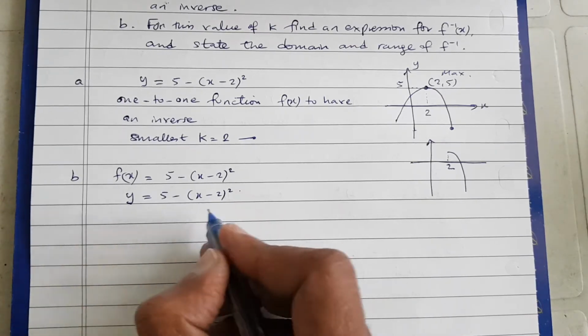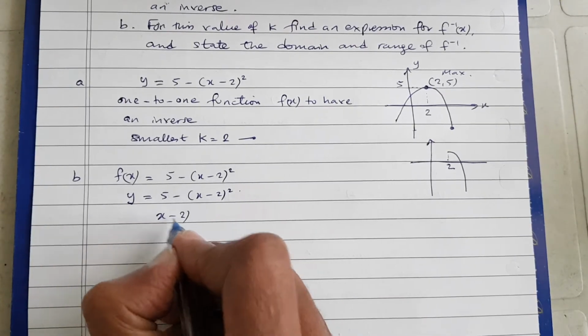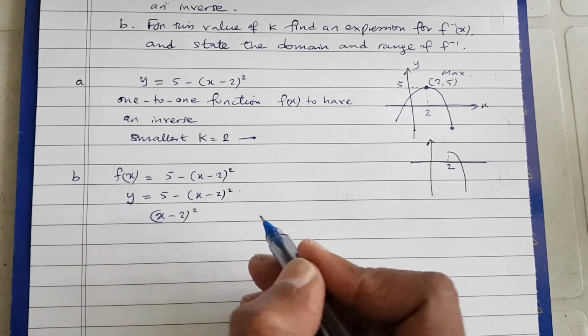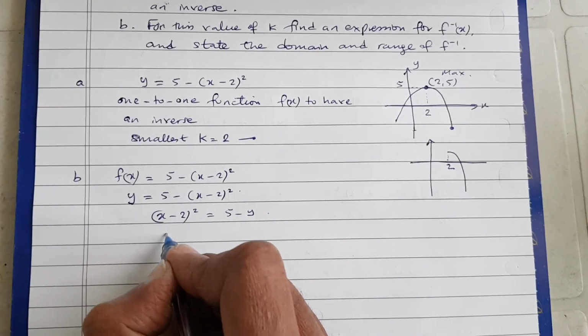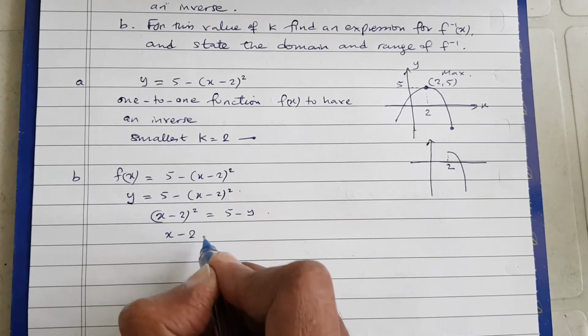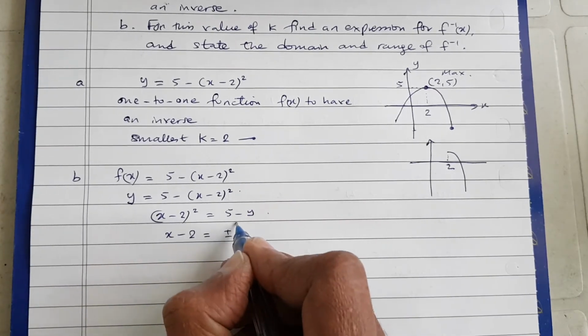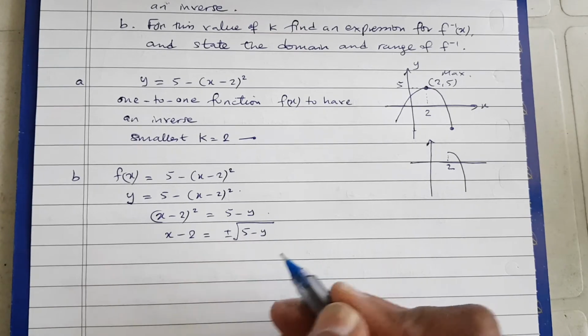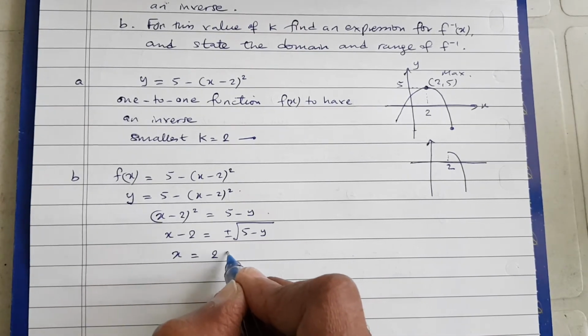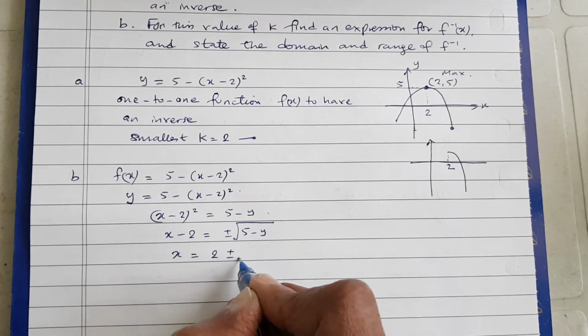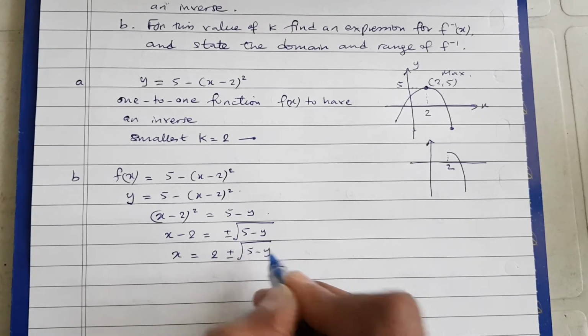So (x minus 2) squared is equal to 5 minus y. Therefore, x minus 2 is equal to plus or minus the square root of 5 minus y. That means x is equal to 2 plus or minus the square root of 5 minus y.